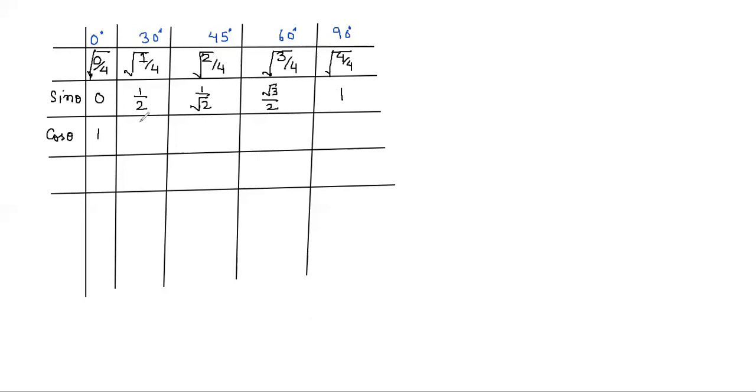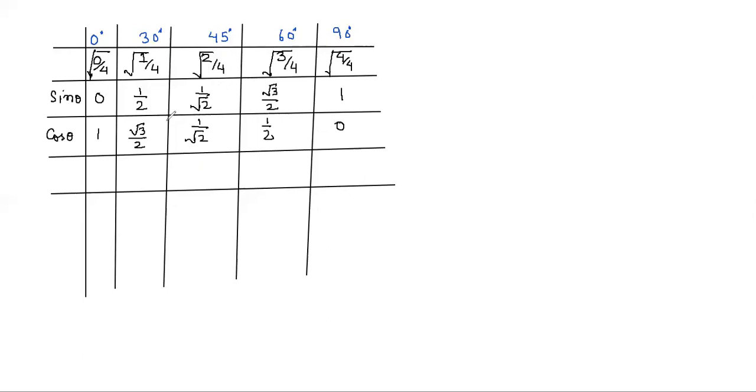So this will be 1, this will be square root 3 by 2, first from the end will take first from the starting, second from the end will be here, the middlemost will remain the same, and second from the first will become the second from the last, and first value will become the last value if you want to write down the value of cos theta.